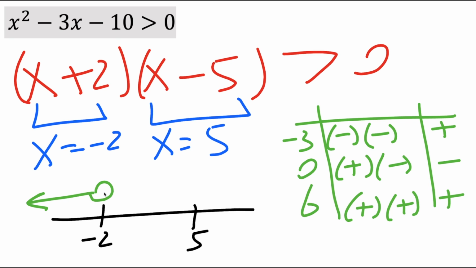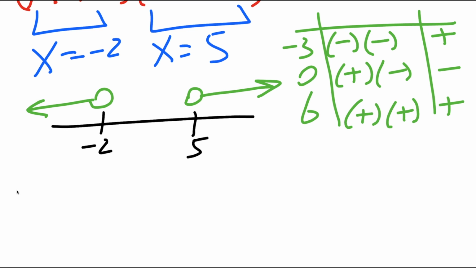The reason it's an open circle is that at negative 2, you get 0, and 0 is not bigger than 0. That's why it does not include negative 2, but it could include negative 2.000001, some value here. What also was bigger than 0 was 6. So again, we're going to do an open circle at 5, because at 5 you get 0, and we want greater than 0. So we'll draw an arrow going this way.